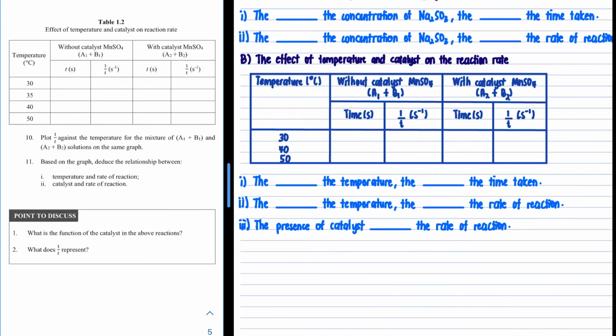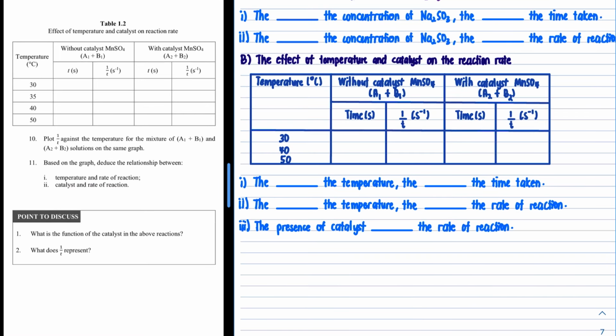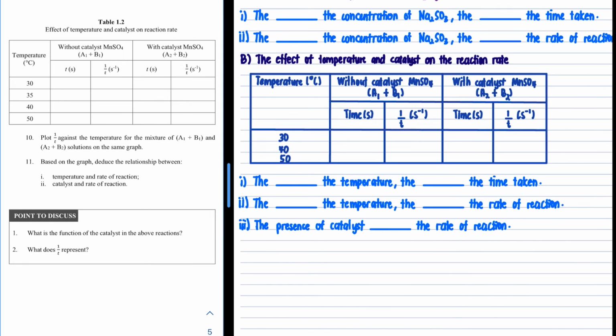What happened to the temperature? When you see the values, you can see the relationship. For example, the higher the temperature, is it the lower the time taken or the higher the time taken? We're going to discuss the relationship between the temperature and rate of reaction. So this is for number 1, temperature and rate of reaction.